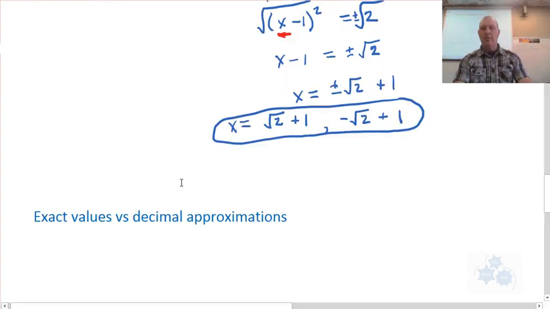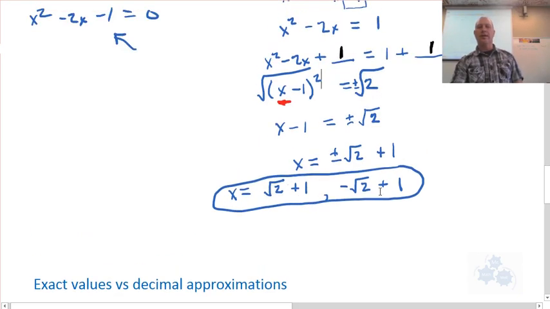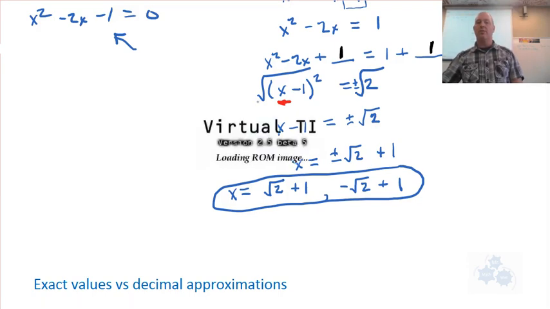Okay, so I need to talk to you about, and you guys should know this already, the difference between exact values and decimal approximations. These answers right here are exact values. Okay? If you round this, or if you do this on the calculator and write the decimal answer, that's what a decimal approximation is.